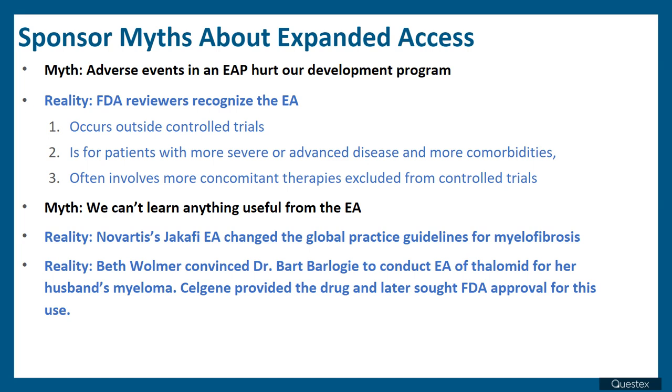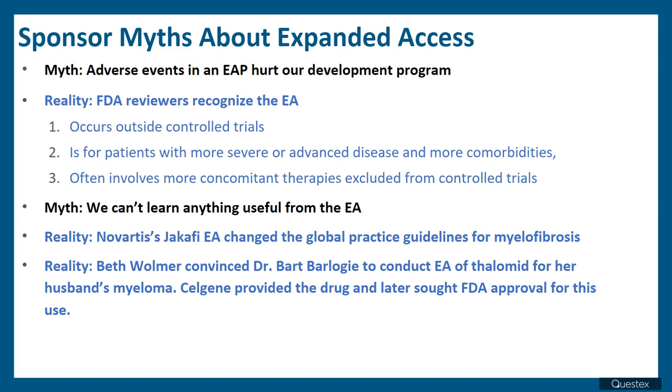And then, of course, one of my favorite examples. Most people are aware of Celgene, which was a multi-billion-dollar pharma company before it was acquired. But Celgene was not an oncology company in the 1990s.